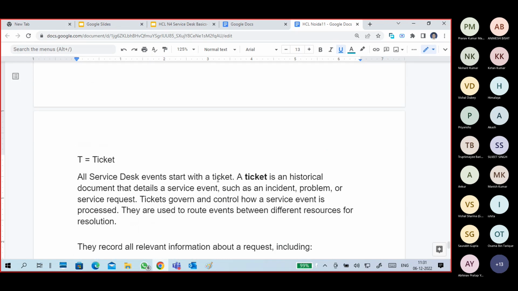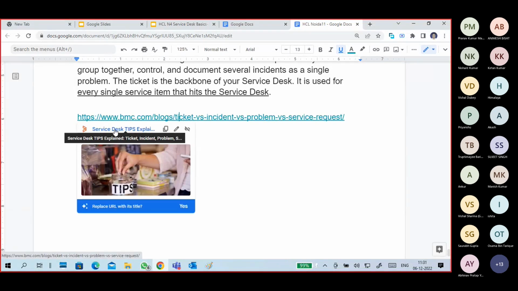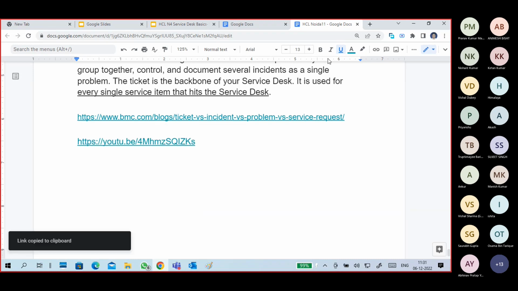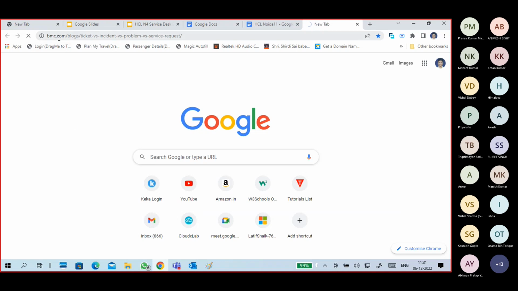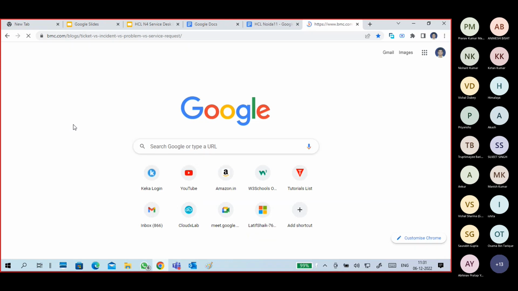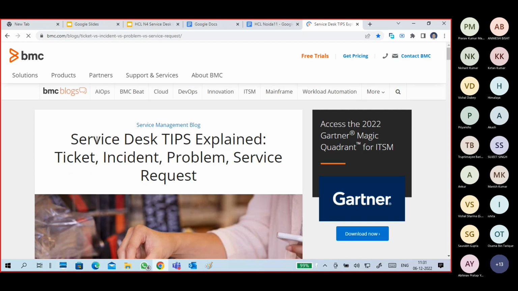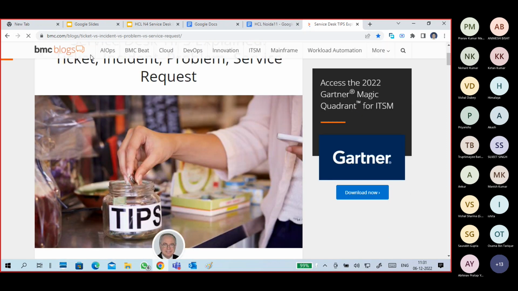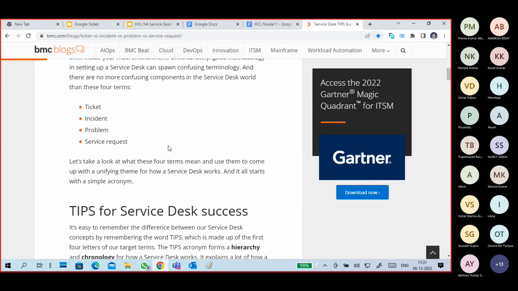Okay, guys, this is about a simple ticket. I have given a link here, the service desk tips. If you copy this link and go to it, this is BMC, one of the very big organizations also providing ITSM solutions. You can see the ticket, incident, problem, and service request explained.